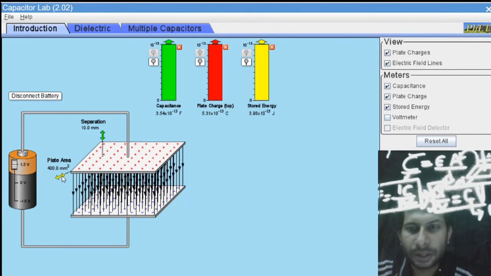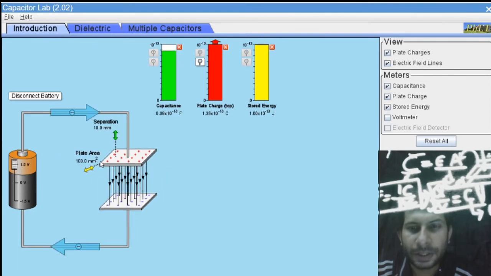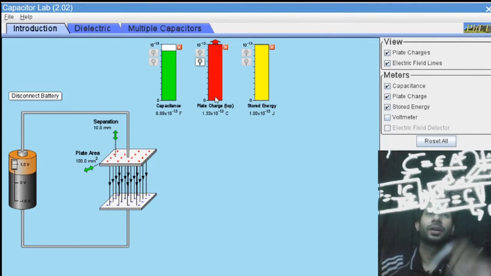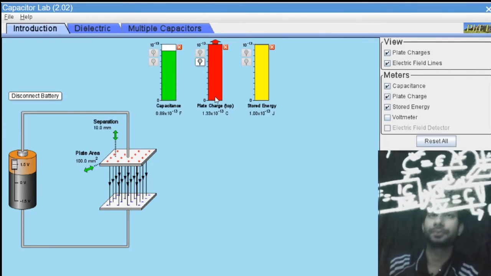And if we decrease the area of the parallel plates, the capacitance also decreases and comes to 0.80 into 10 raised to power minus 13 farad. This is the dependency of C on area, which is directly proportional.